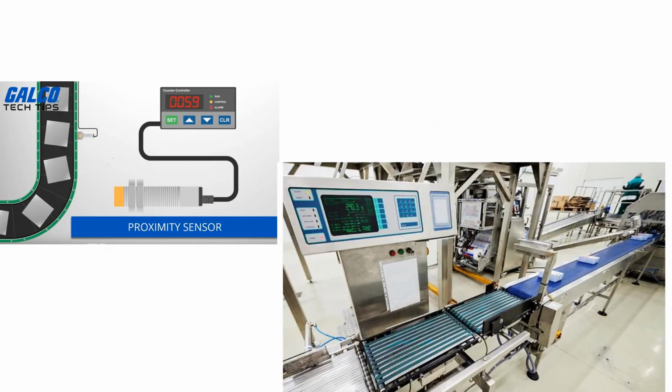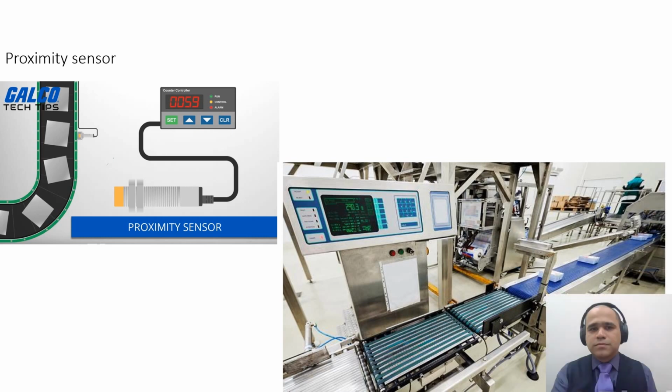Which sensor can be used on conveyor belts such that there is no collision of the objects? Now, if you have a mill where hundreds of products are being produced and you want to count them, these products are going over a conveyor belt, and we need a contactless sensor that can count these products.